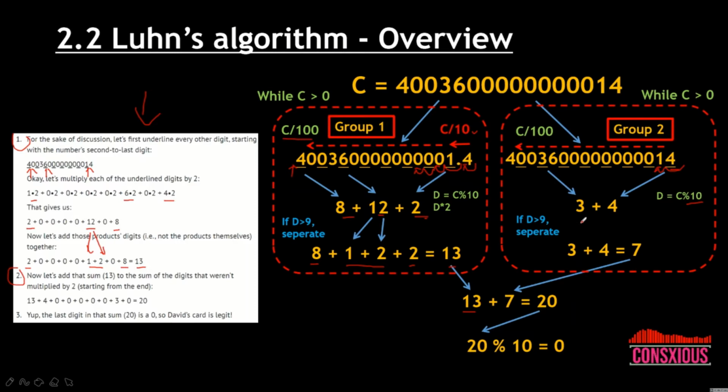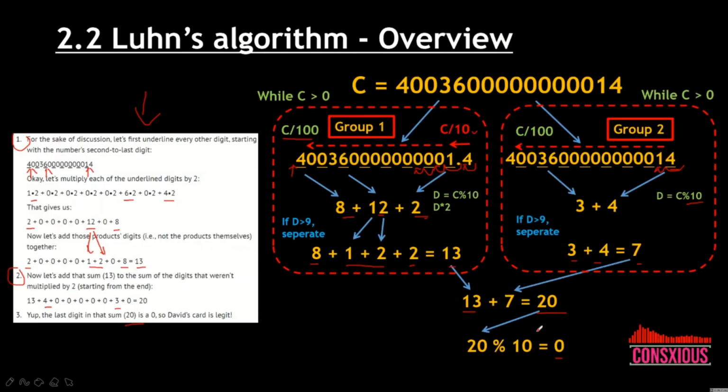Since 3 and 4 are not more than 9, we never separate them. You can see it's a 4 and 3 here, which makes 7. So plus together is 20. Let's do a modulus 10, then we get a 0 here. This is the value that we want.